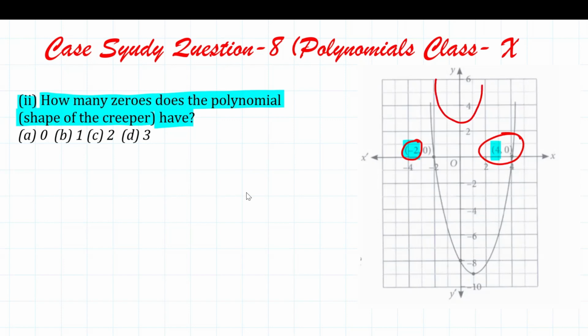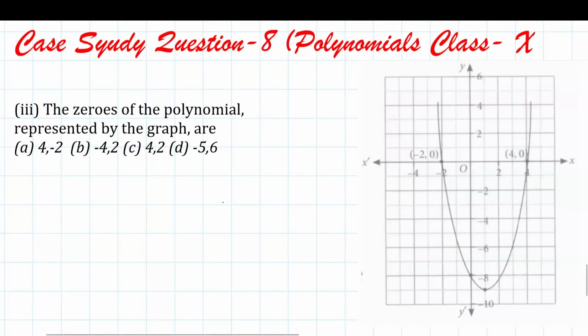If the parabola is passing like this, you'll say it has no zeros because it is not touching the x-axis. And if it touches the x-axis like this at one point, then it will have 1 zero. As of now, it is touching the x-axis at 2 points, one here, another here. So it will have exactly 2 zeros.